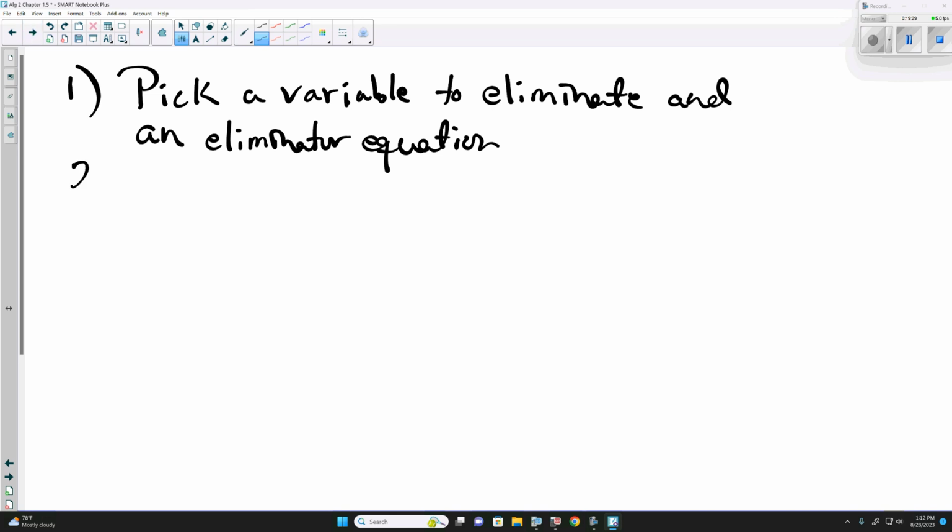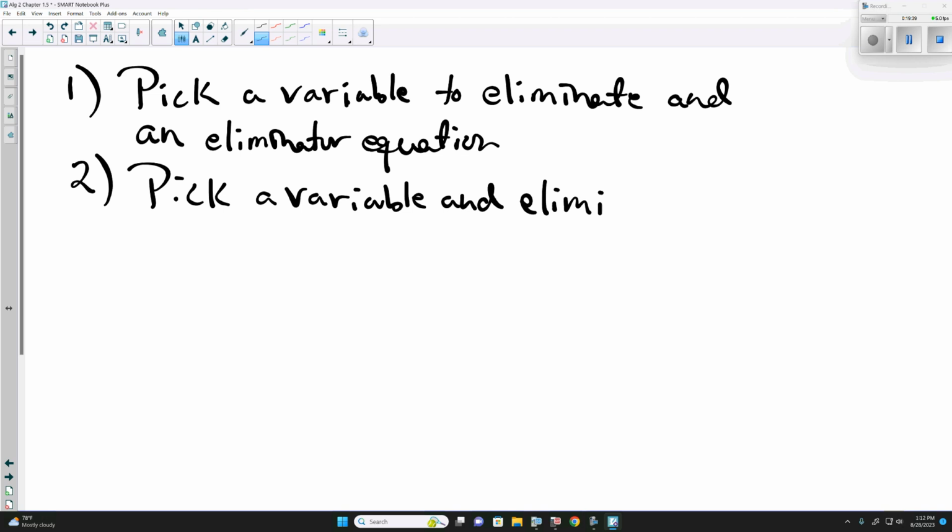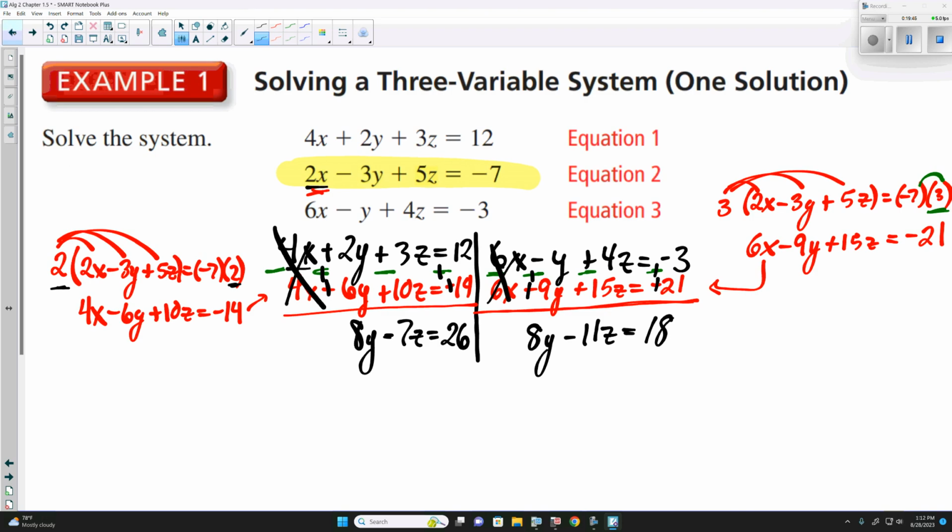So our second step is to now pick a variable and eliminate it, which is almost similar to step 1, but we're not going to use an equation to eliminate it. We just need to pick one of the variables and use our processes with elimination to get rid of it.